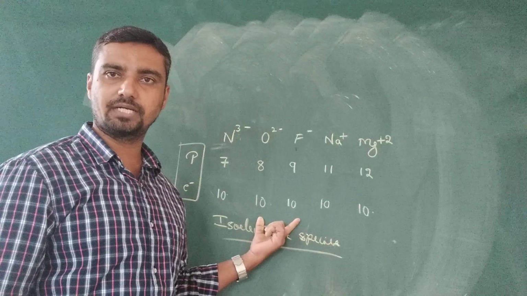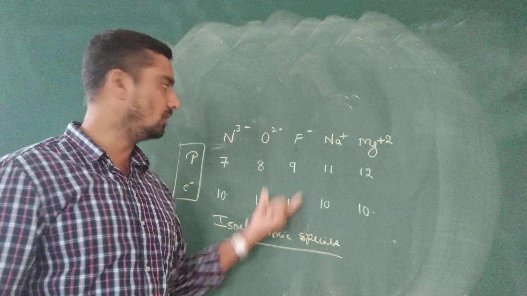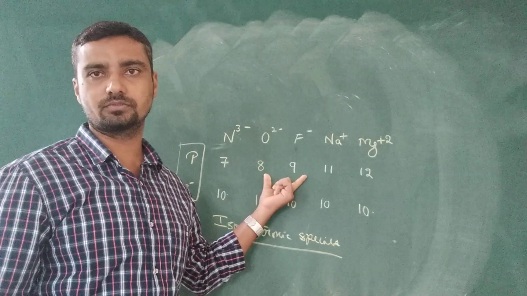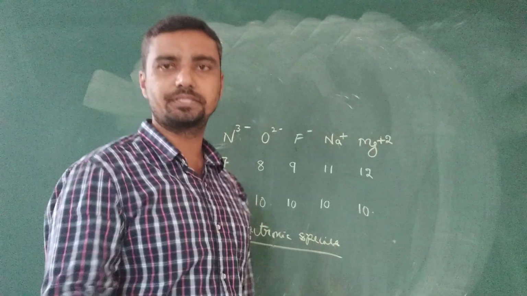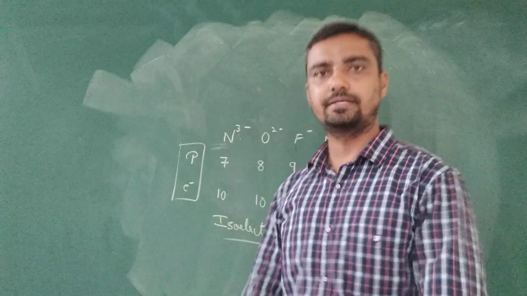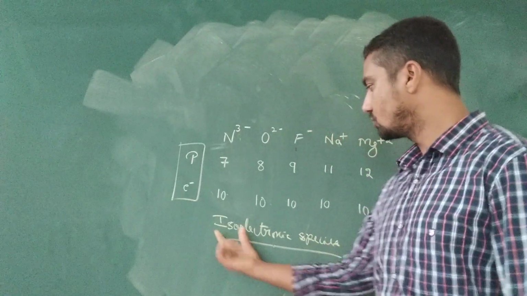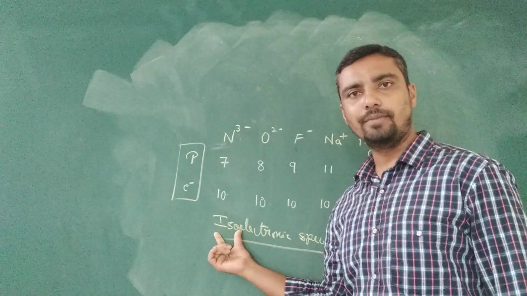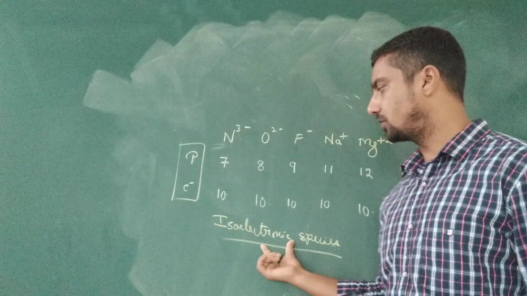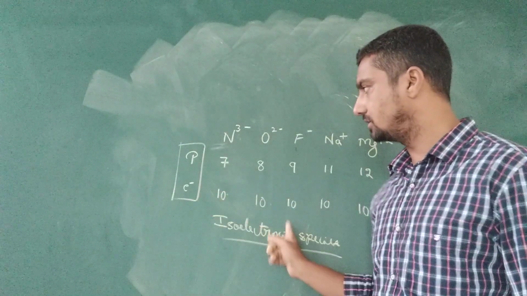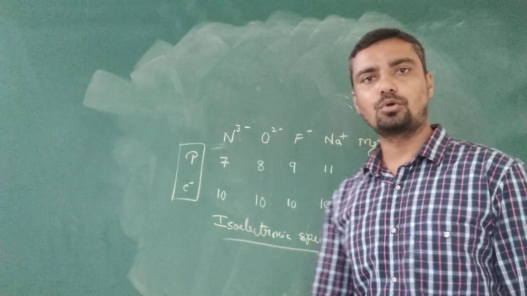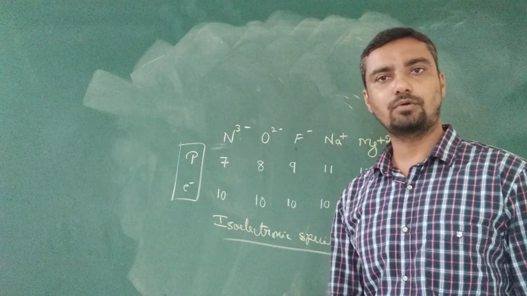The species which contain the same number of electrons but different numbers of protons, those we call isoelectronic species.